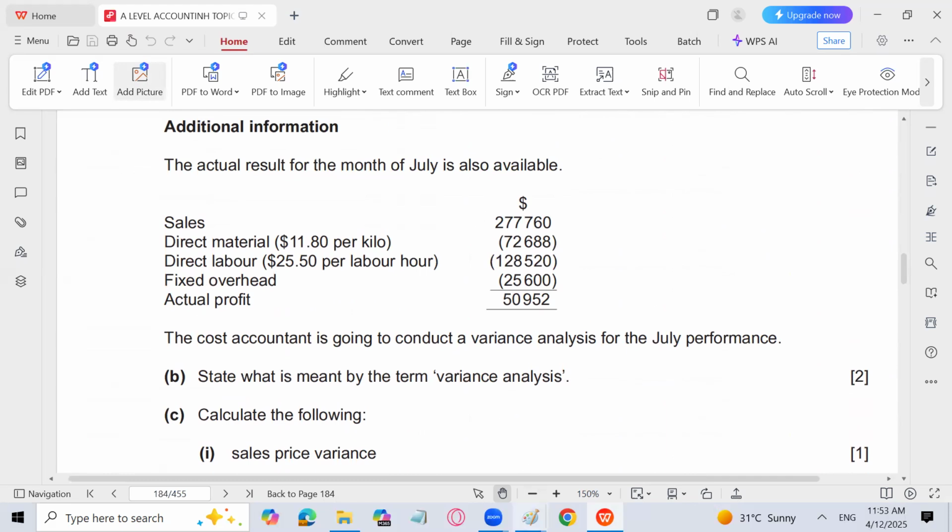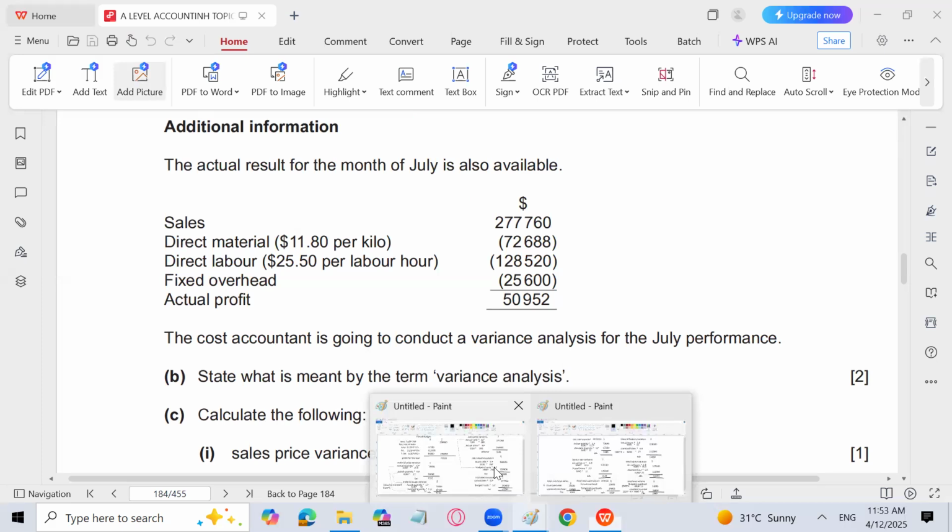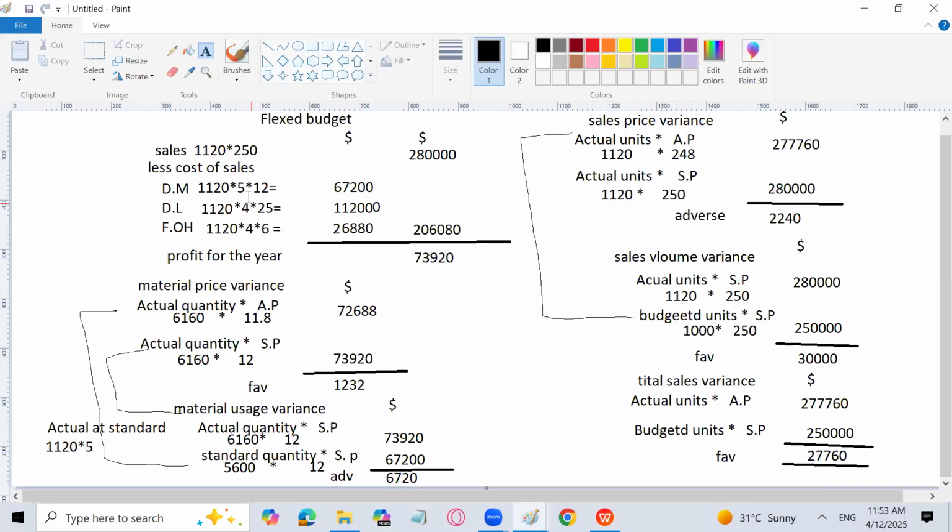But if you look at the question, our sales price is already less than the standard. The standard price is 250 and we are selling at 248. So already our actual price is less than the standard.